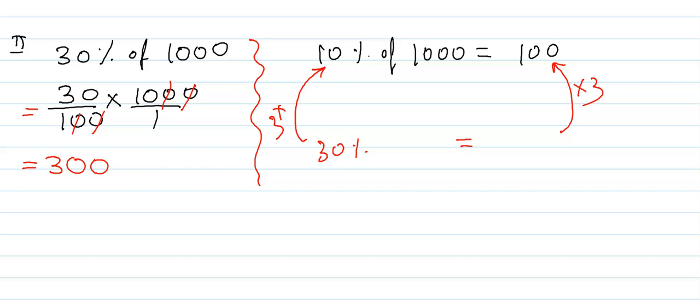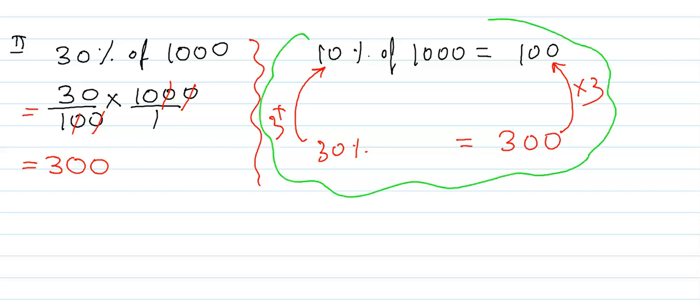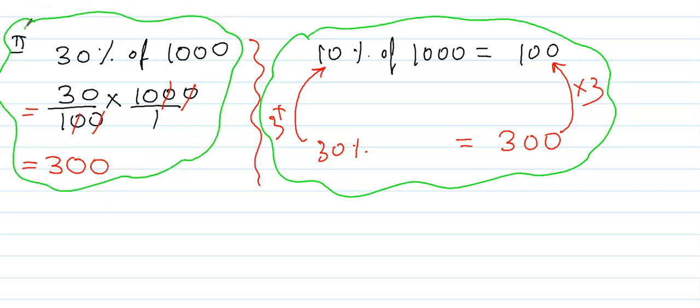So we did times by 3 this side and times by 3 this side, so it will be 300. Okay, this is the second way. So first way, second way. Let's make it a circle. This is the second way, and this is the first way.